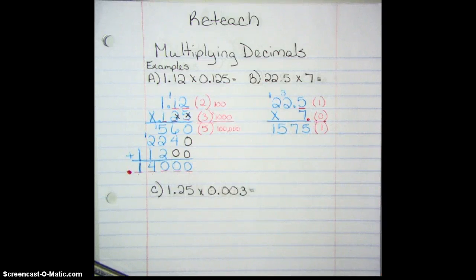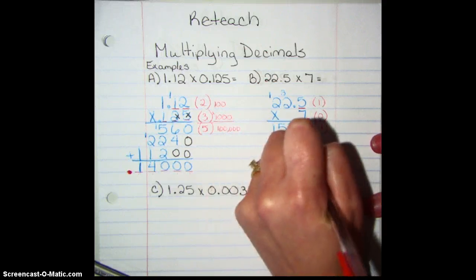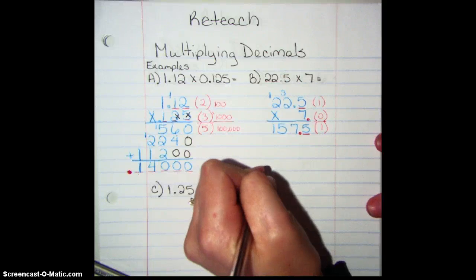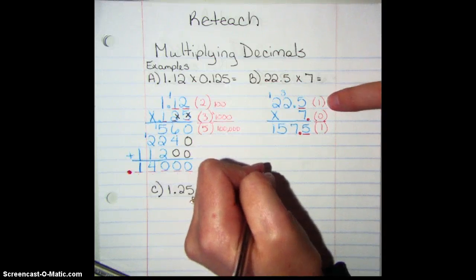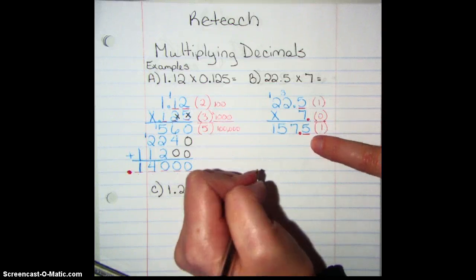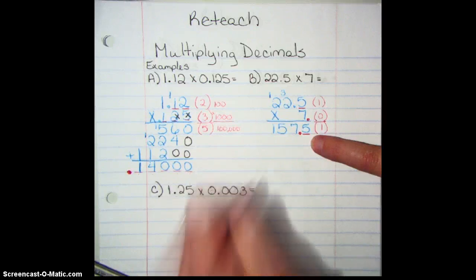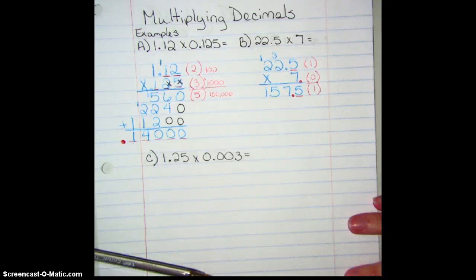So I move the decimal 1 place to the left, and that gives me 157 and 5/10. If you think about it, 1 decimal place is the tenths place, and my answer is also in the tenths place.